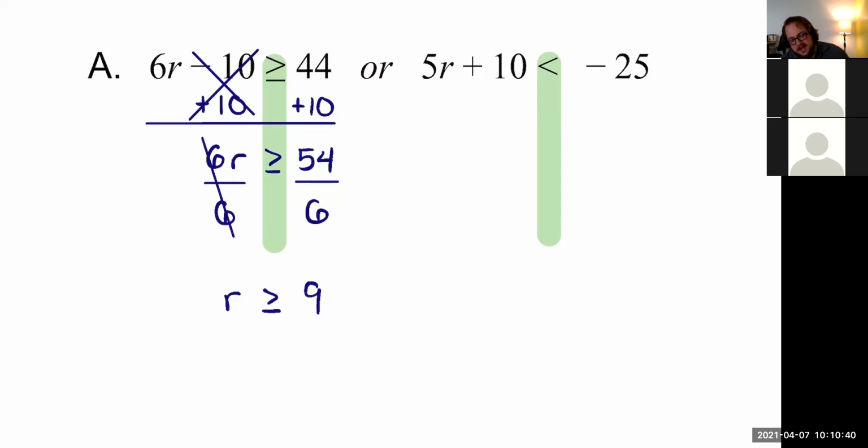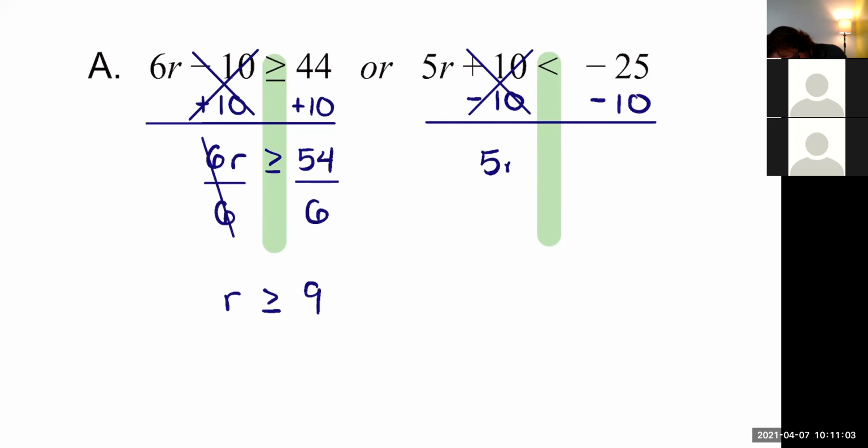Now I'm going to solve the second one. Very similar format, no parentheses, no like terms. The variable's not on both sides. So I'm really just going to work to get that variable by itself as well. It is also on the left-hand side. So I'm going to focus there and first subtract 10 from both sides, which removes it from the left, leaving me with 5R is less than negative 25.